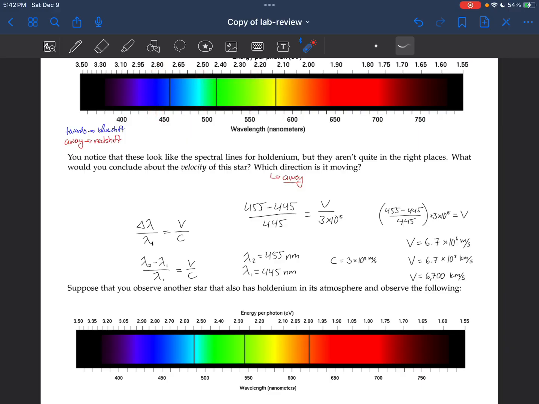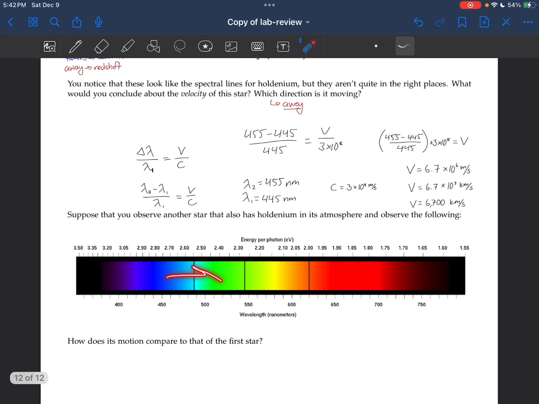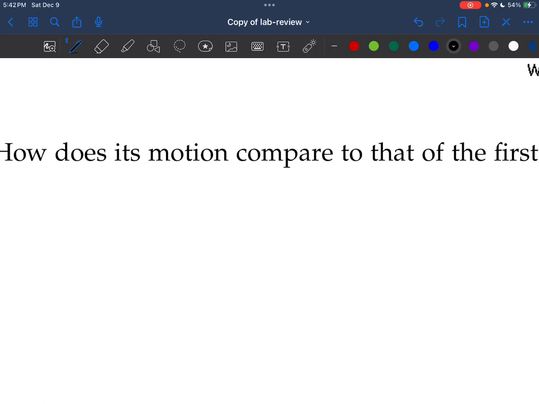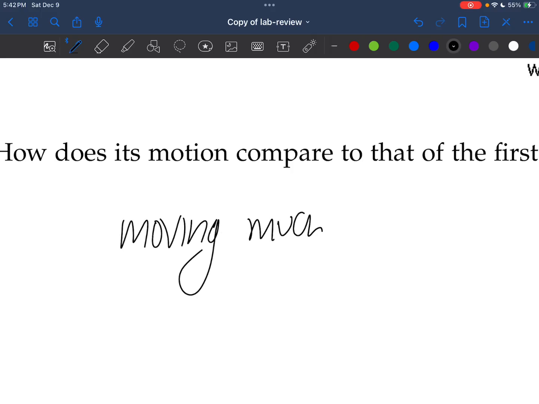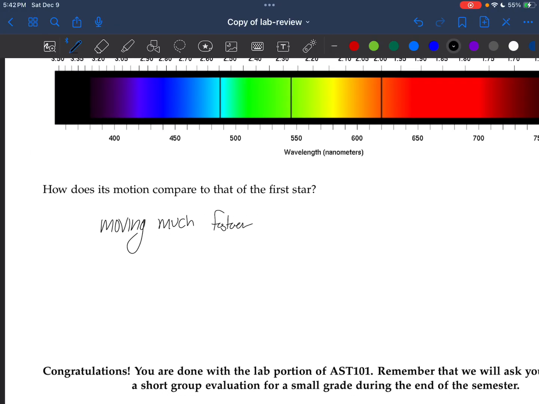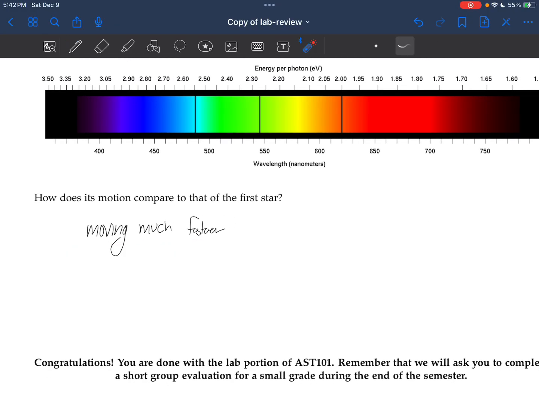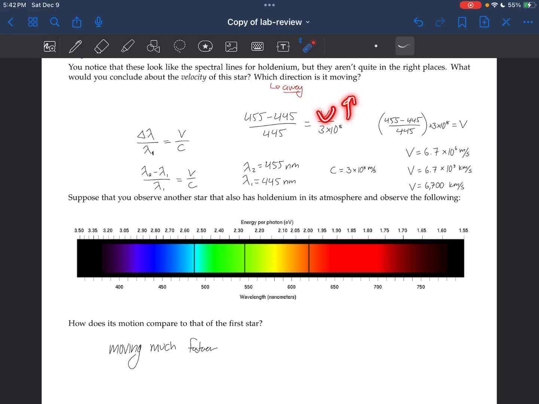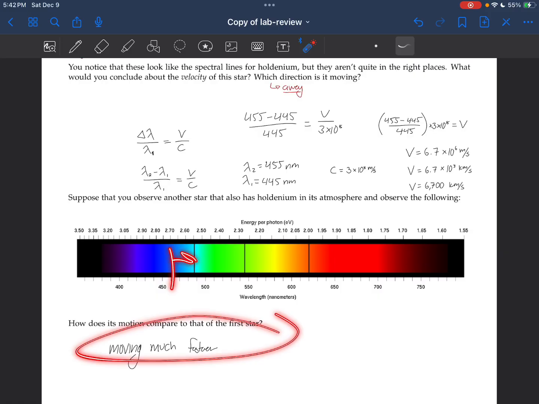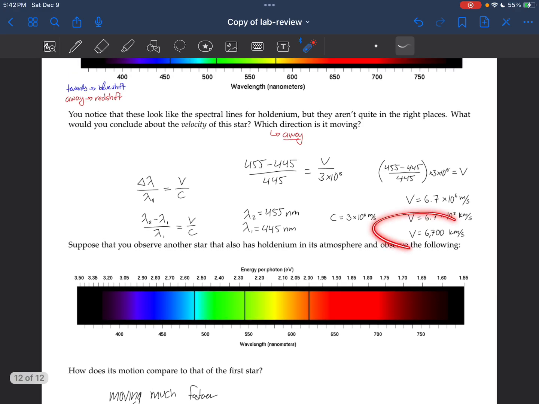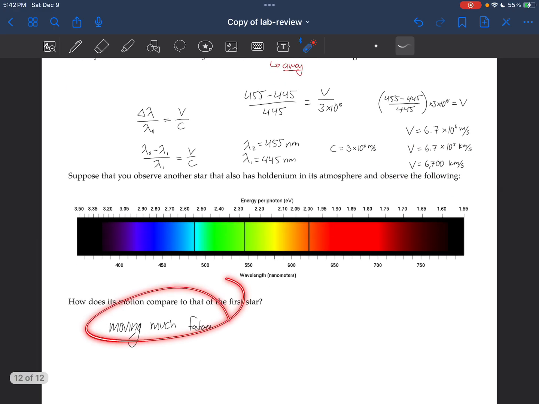If it's shifted further, that means it's moving much faster. If its velocity is a lot faster, its shift is going to be a lot bigger as well. If we wanted to, we could do the math based off of the shift, but we're just going to say it's going a lot faster.